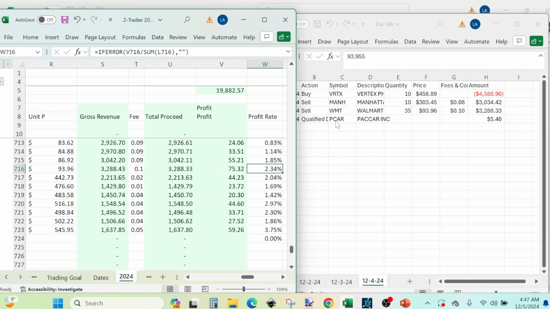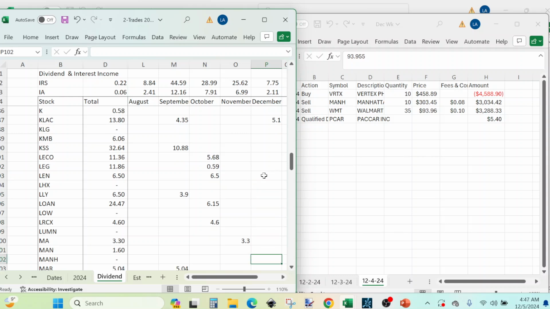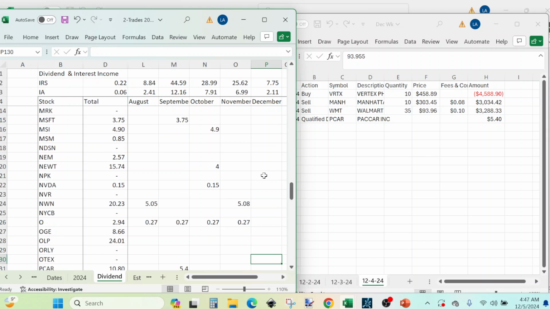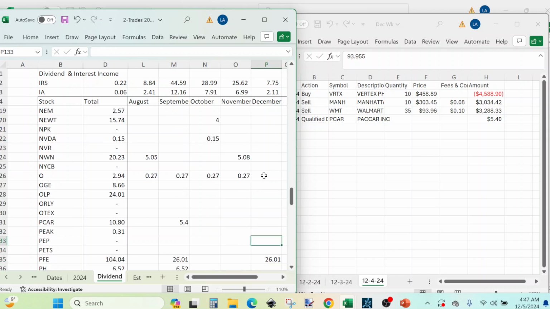So we purchased this PCAR for swing trading purposes, but it is negative in the account. Therefore, it is paying off dividend in the meantime, and it paid us 5.40.